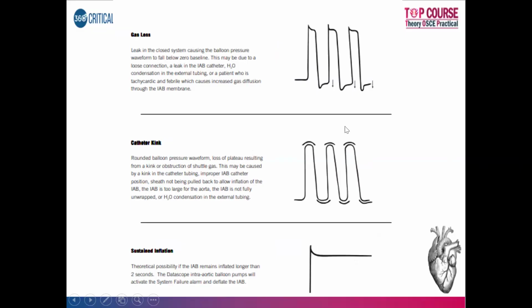If there is rounding of the waveform of the IABP, it might usually be because of a catheter kink. Sustained inflation, which is seen in most of the IABP machines that we have, is usually to check the system failure alarms. It just gives us an idea of the integrity of the balloon.